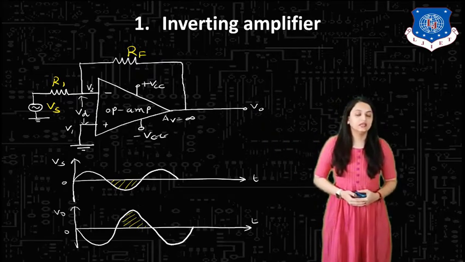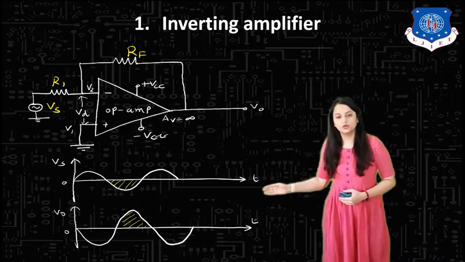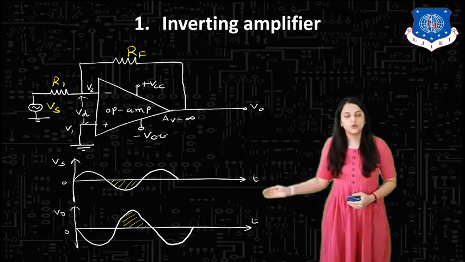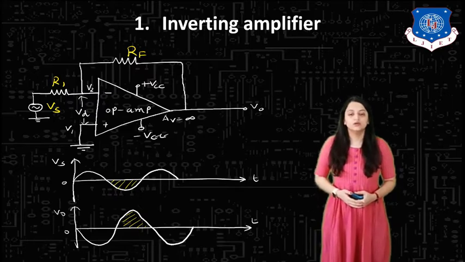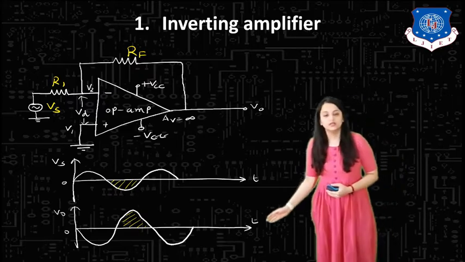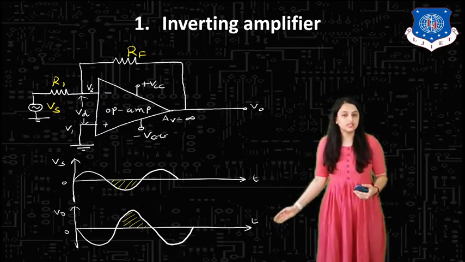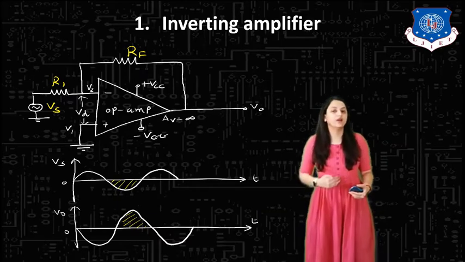Now, let us see the input-output voltage waveforms for this case. This is the input voltage or source voltage waveform. As we are using an inverting amplifier, for the positive half cycle of the input, that is the source voltage, we will get the inverted amplified output.